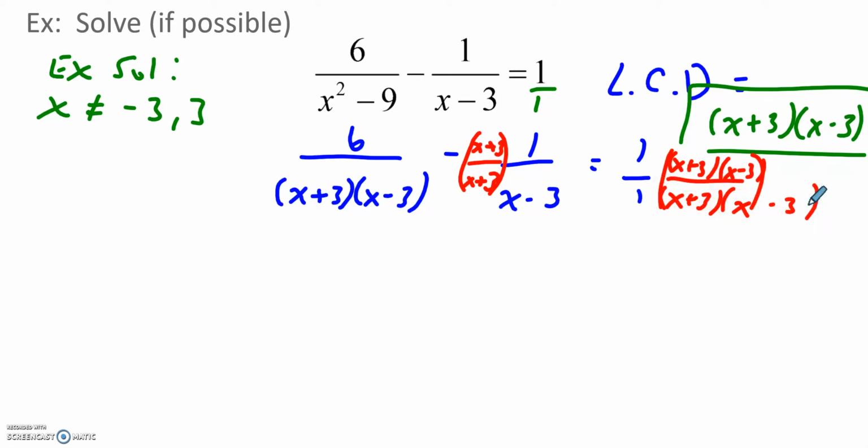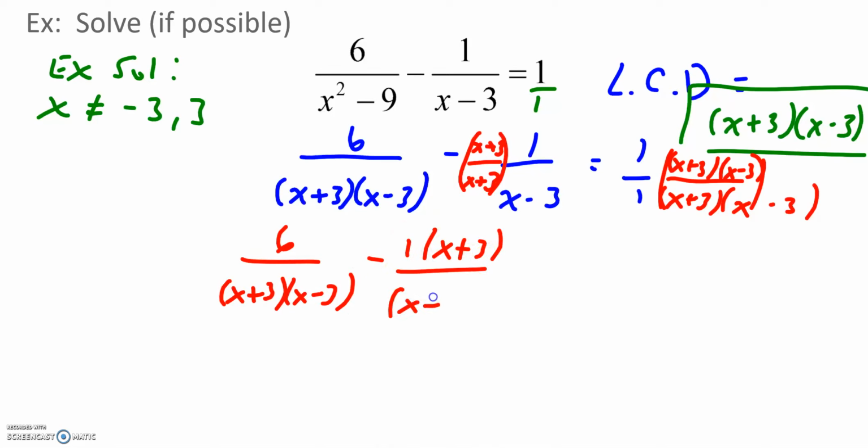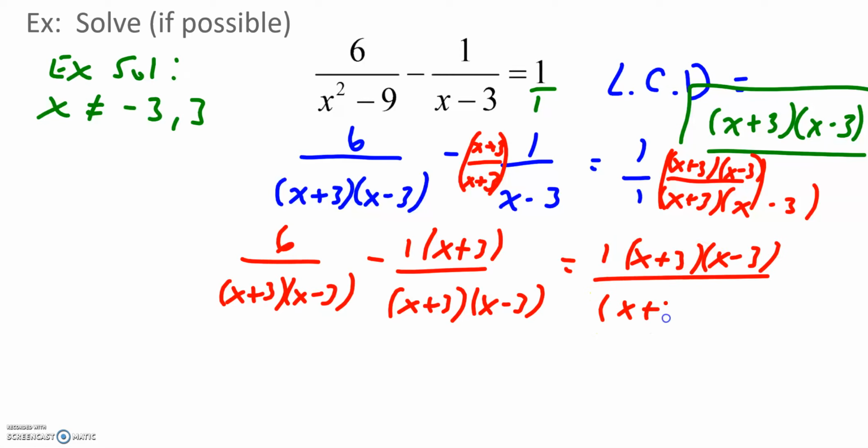What we can do next, if you're interested, is simplify this a little bit before we multiply everything out. So we have 6 over (x plus 3)(x minus 3), minus 1 times (x plus 3) over (x plus 3)(x minus 3), equals 1 times (x plus 3)(x minus 3) over (x plus 3)(x minus 3).